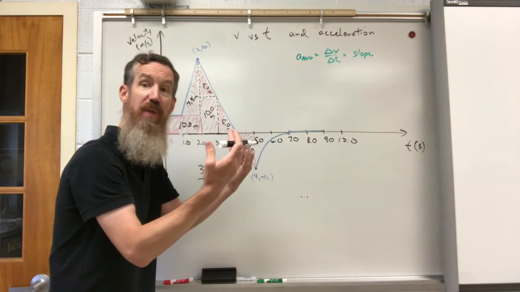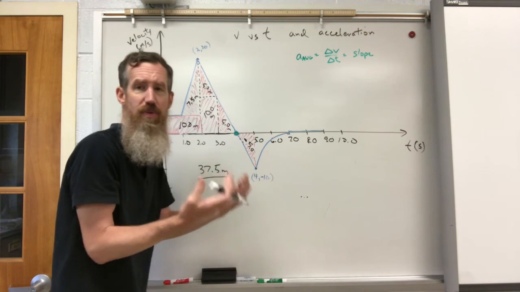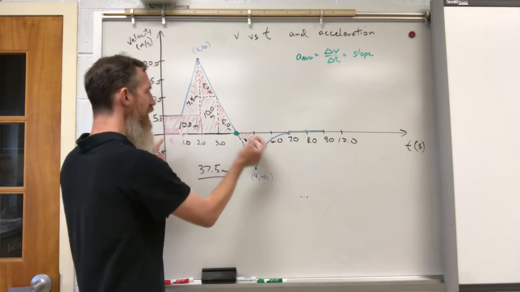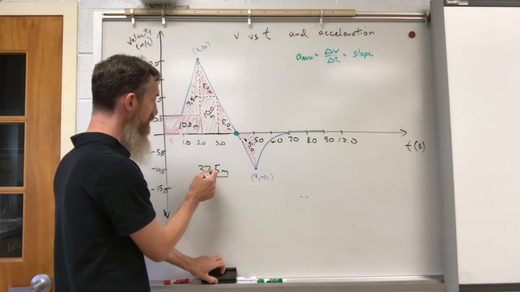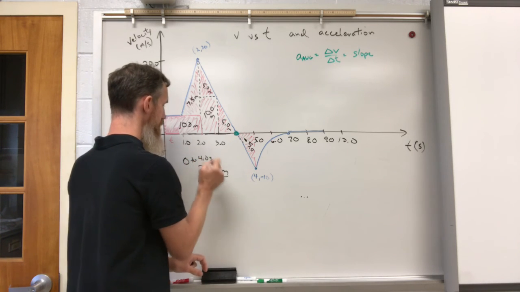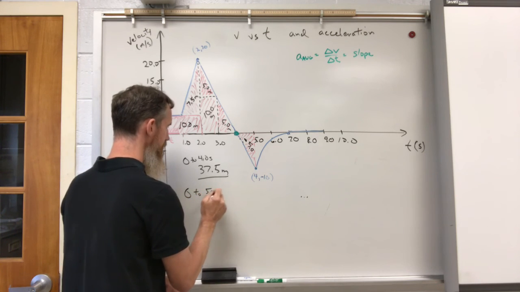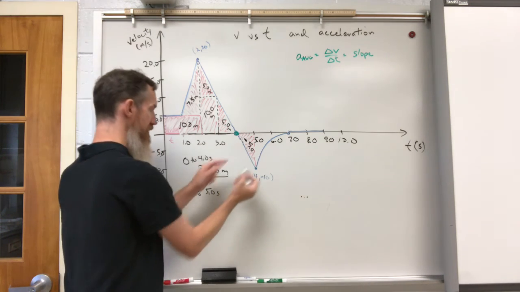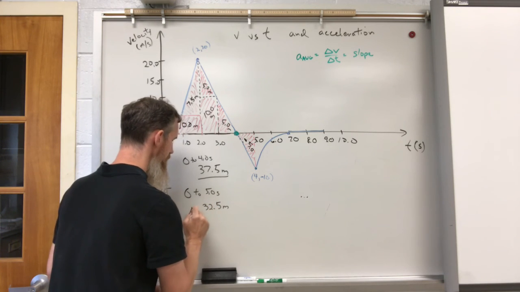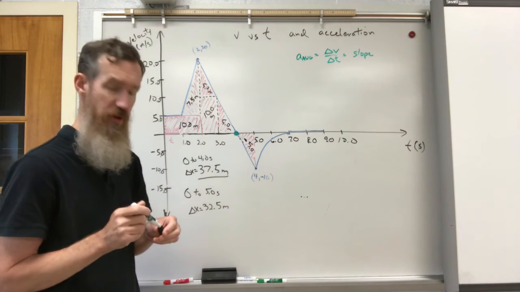So your displacement is now less from the place you started, because you're moving back towards it. So if I wanted from 0 to 5 seconds, it wouldn't be 37.5. It'll be 37.5 minus the 5, 32.5 meters. And in both of those cases, that would be your displacement for those time frames.